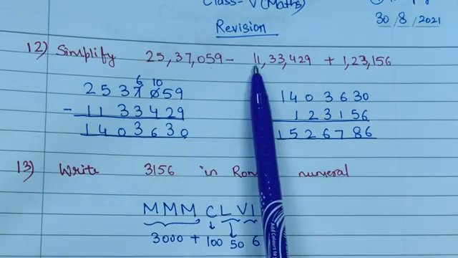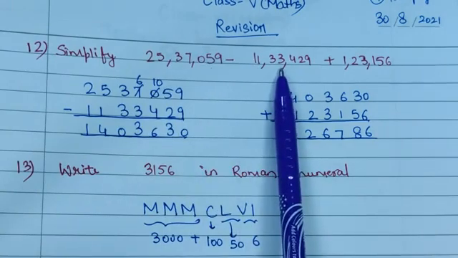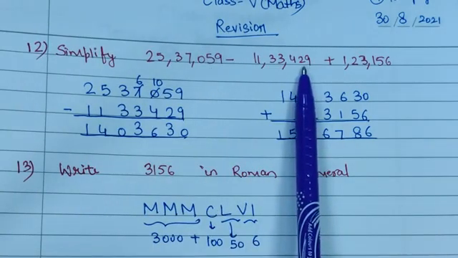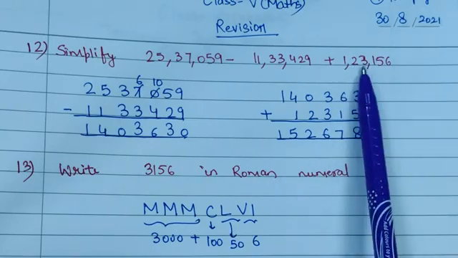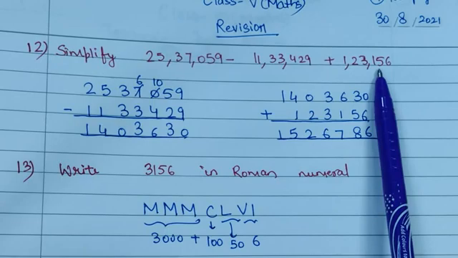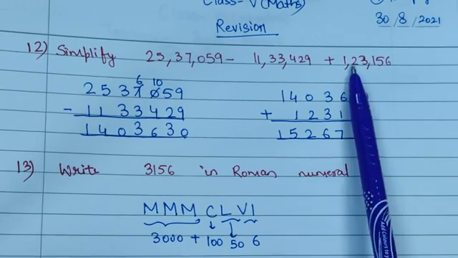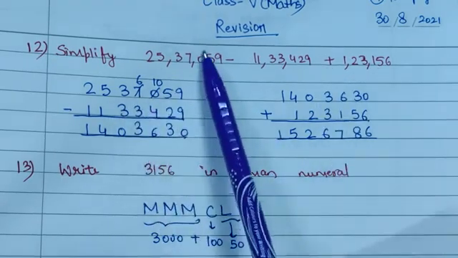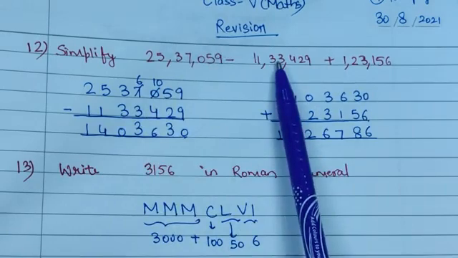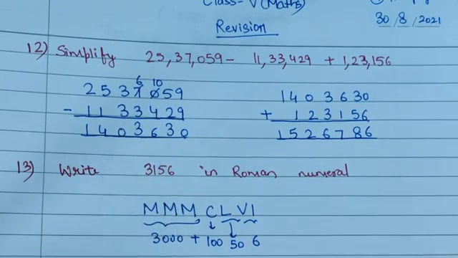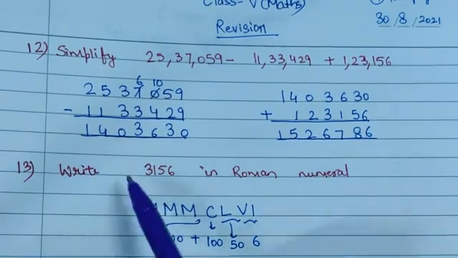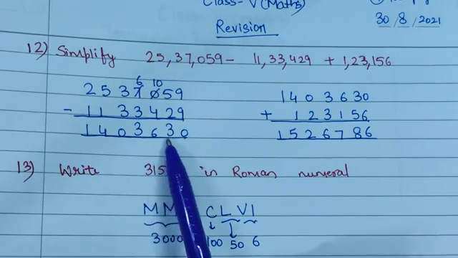In the next, we have to simplify 25,37,059 minus 11,33,429 plus 1,23,156. So first of all, we will subtract these two numbers. We get what? 14,330.